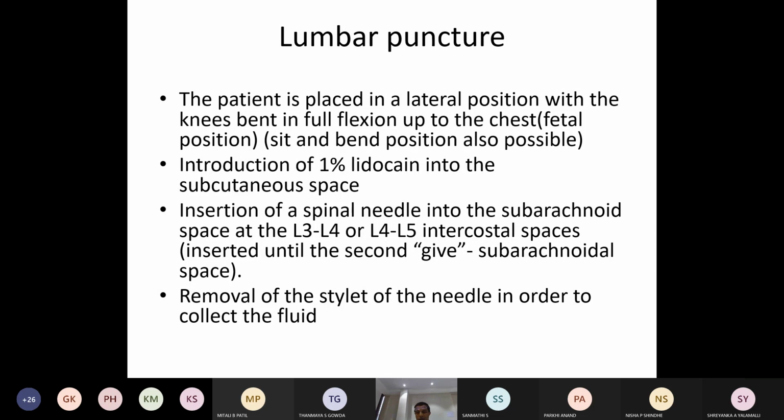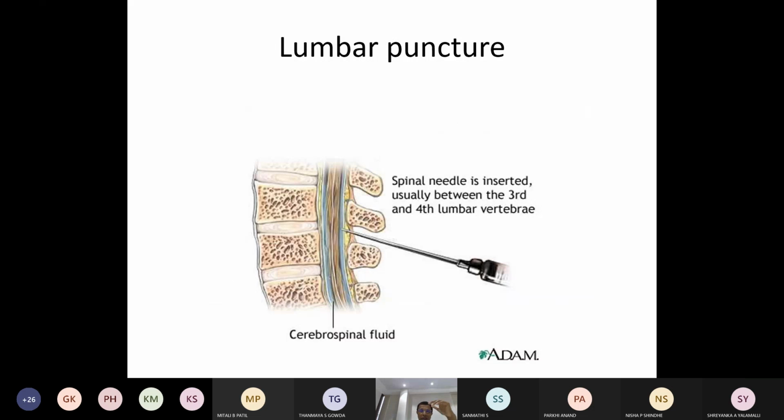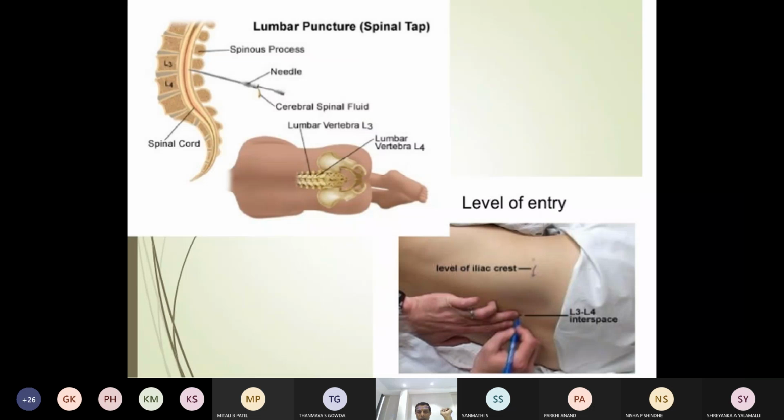Remove the stylet of the needle in order to collect the fluid. Let us see the L3 and fourth vertebrae, where the needle is used. Cerebrospinal fluid can be collected.